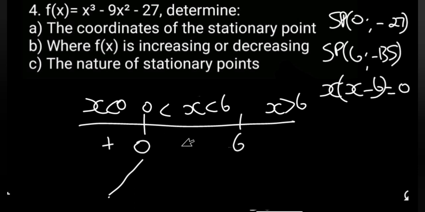Then we substitute any value between 0 and 6 into the first derivative. I'm going to choose 2, so it's 2 times (2 minus 6), and you're going to get a negative value. That means our function is decreasing here, and here it's going to increase.